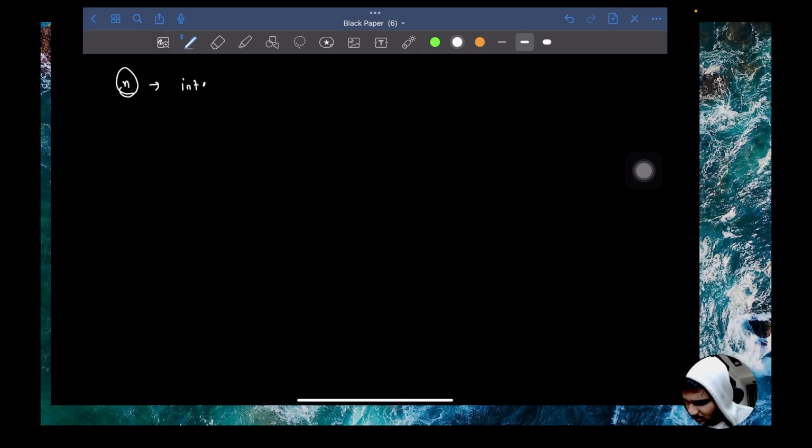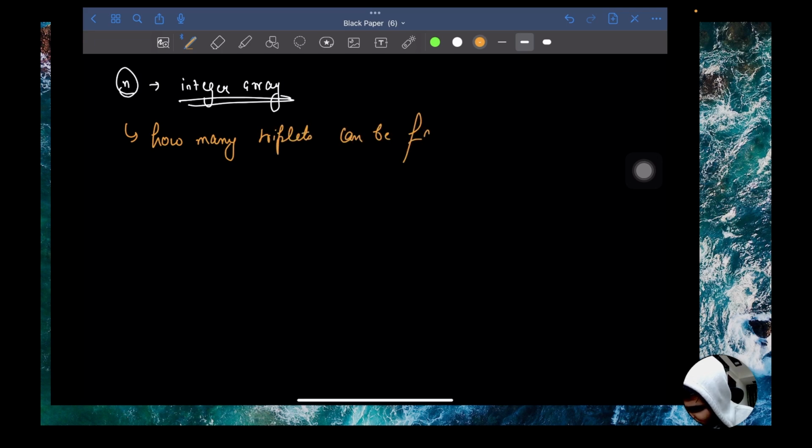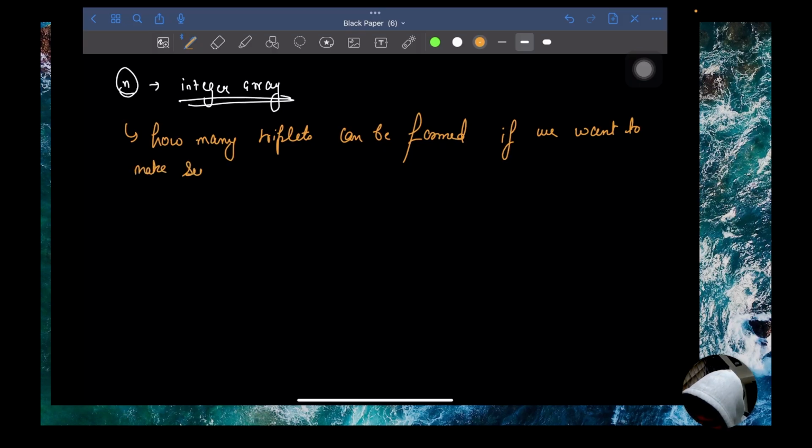So you will be given an array of length n, right? You will be given an integer array, and you need to figure out how many triplets can be formed if we want to make sure they don't form a triangle.